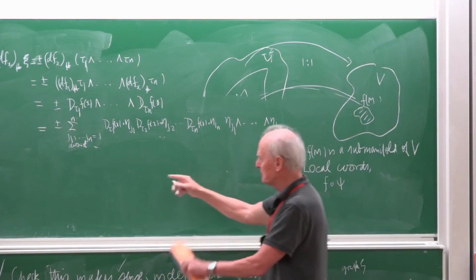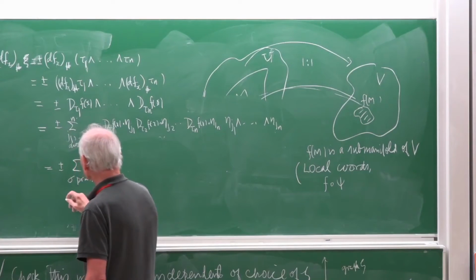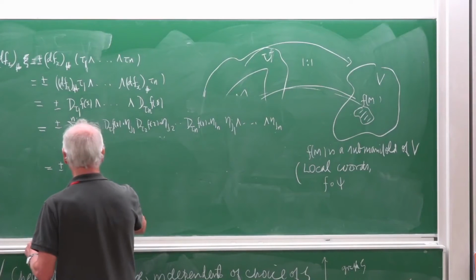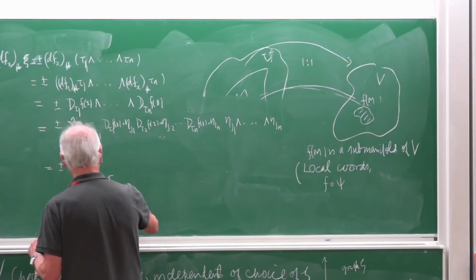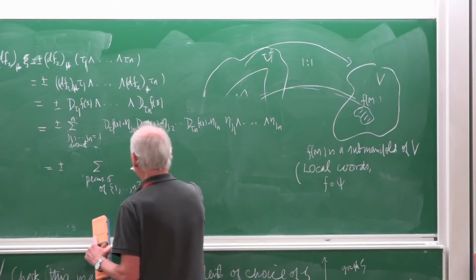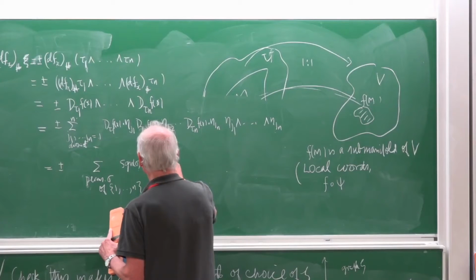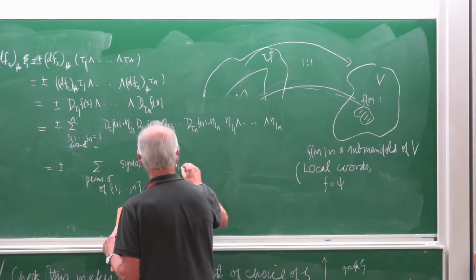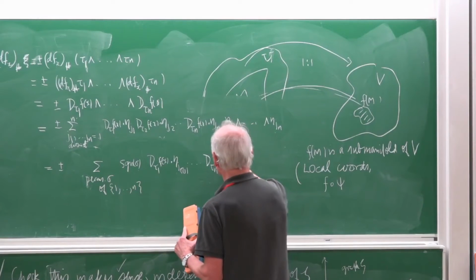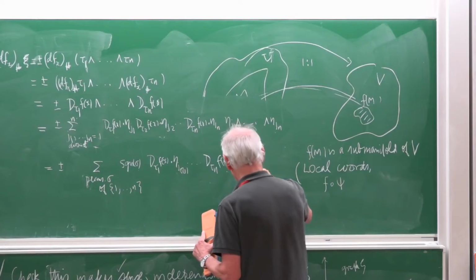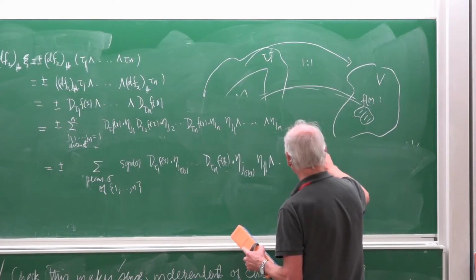So if we put the sign of the permutation out the front, we're actually summing over permutations sigma of 1 up to n, and we get the sign of sigma, and then this product d tau 1 f of x dotted with eta sigma 1, and so on, d tau n f of x dotted with eta sigma n, and then what's left is just eta 1 wedge up to eta n, like that.